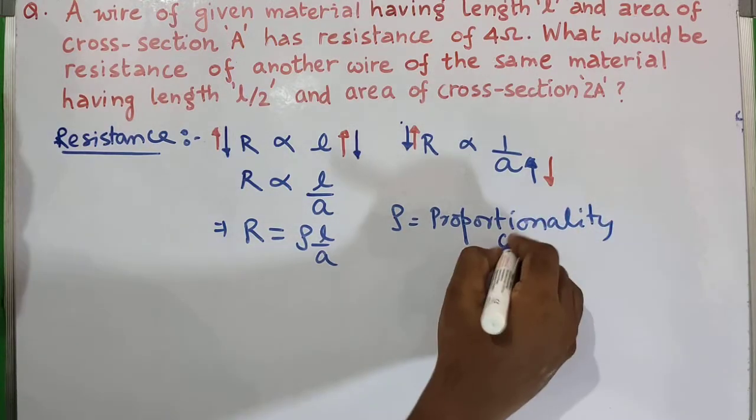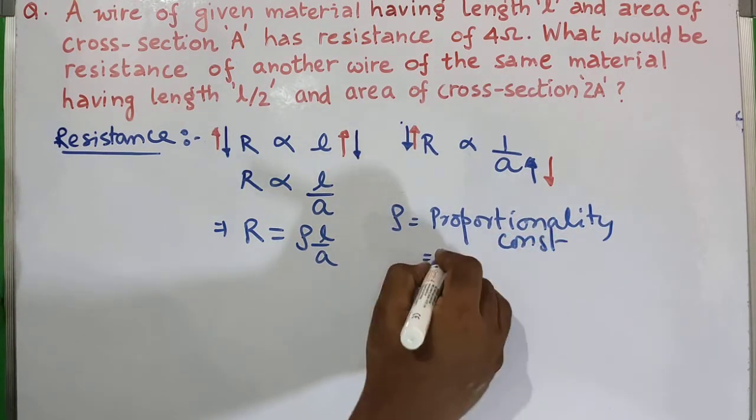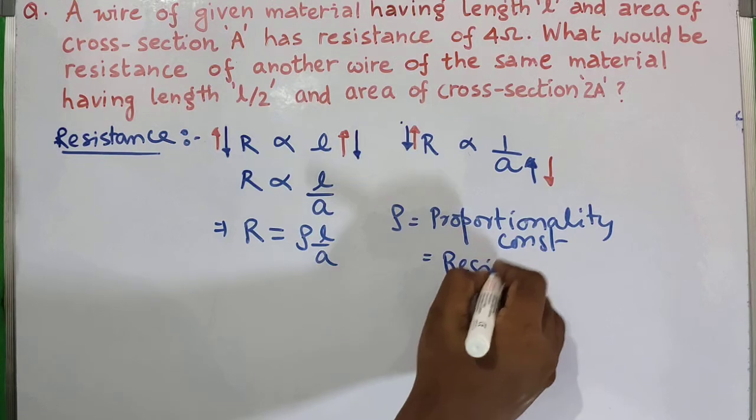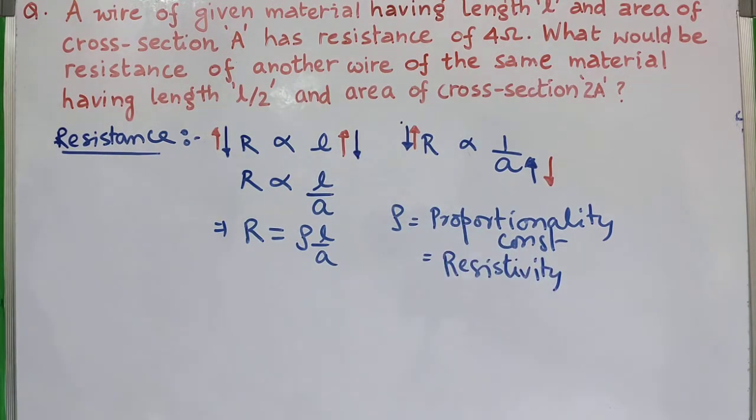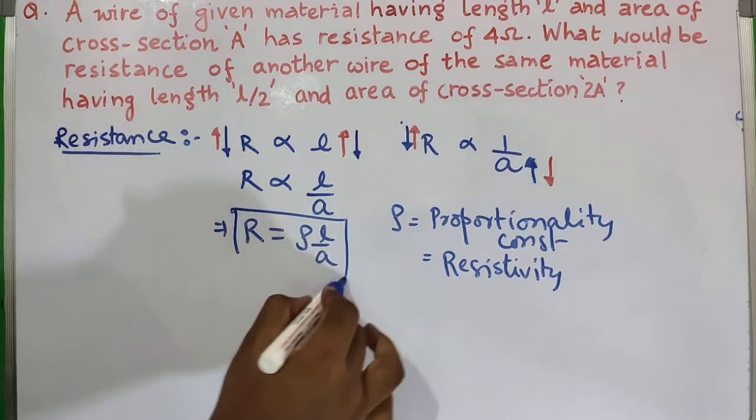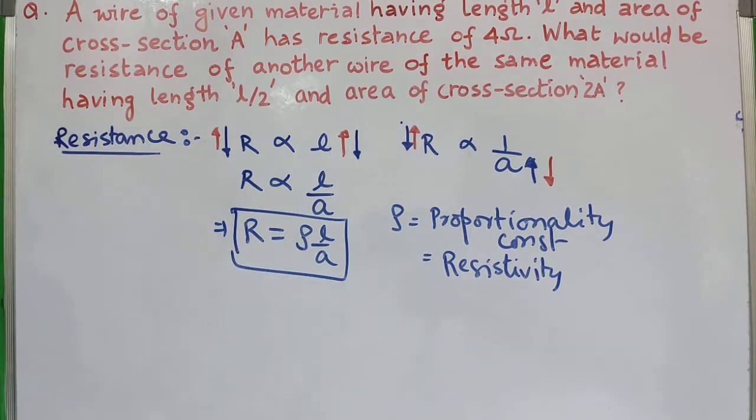Rho is the proportionality constant, and we call it resistivity, right? So the resistance of a conductor depends upon the resistivity, length, and area of cross section.